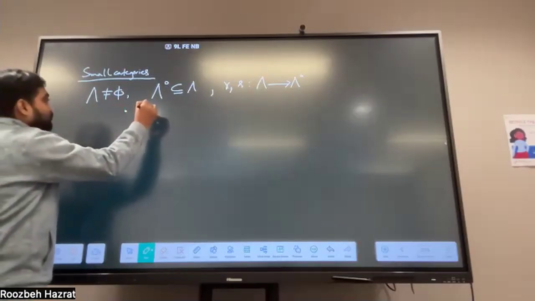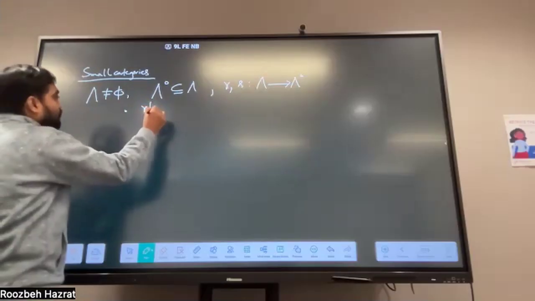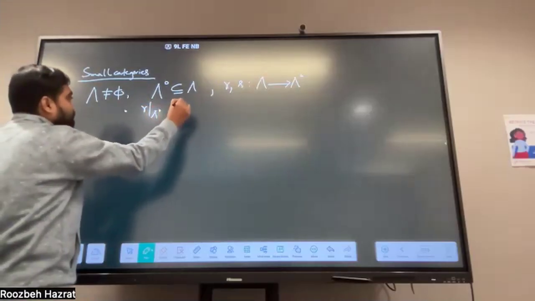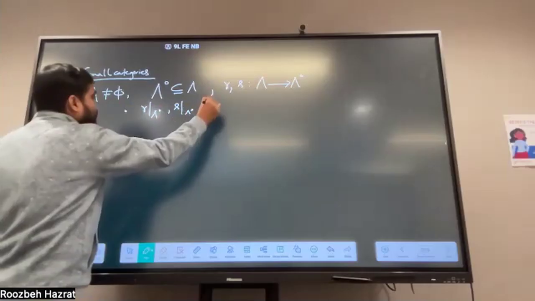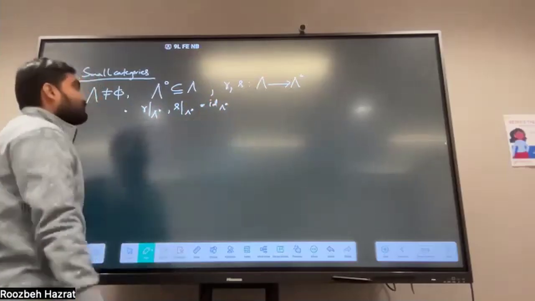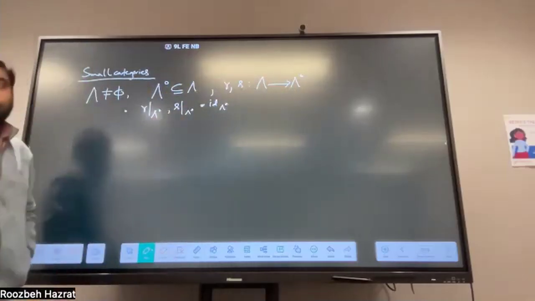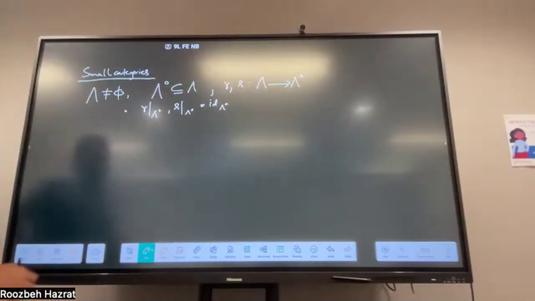The first one is that if you restrict your range and source on this distinguished subset, then you will get the identity map. So that means your Lambda naught is a retract of this Lambda under both these range and source maps.